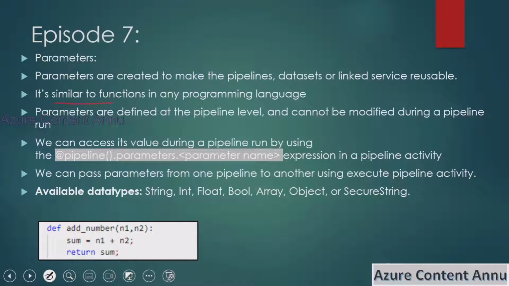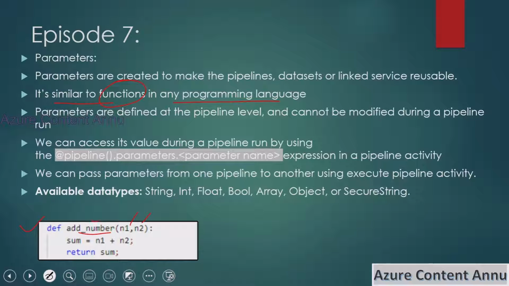Pipelines are similar to functions in any programming language. So why do we usually use functions? Functions are used to make the code reusable, and the return value or the output of the function depends on what is the input parameter value. If you see this image, we have a function called add numbers. You can think of these values as the parameters.